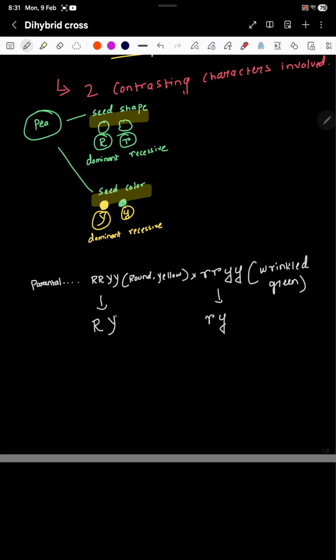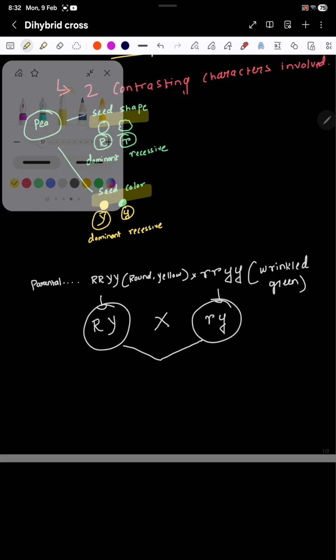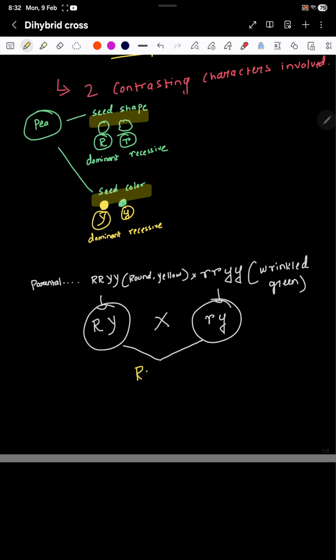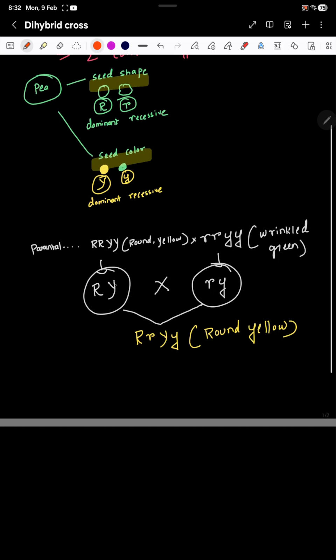Now, this cross was very easy. When you are crossing capital R, capital Y and small r, small y, you are getting capital R, small r, capital Y, small y. This is also a round yellow. But see, the alleles here are not the same as the parental alleles.